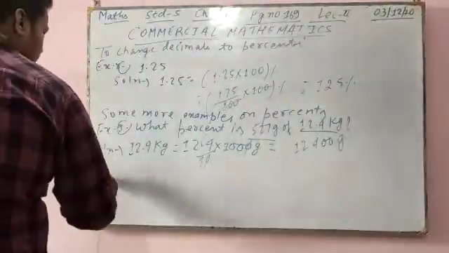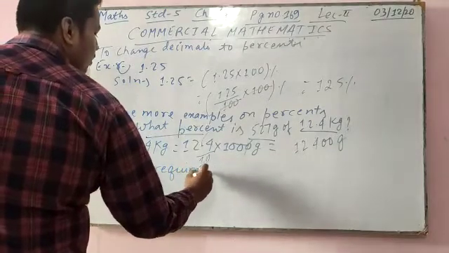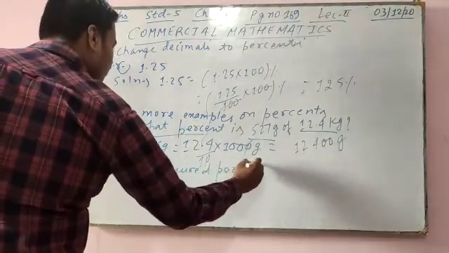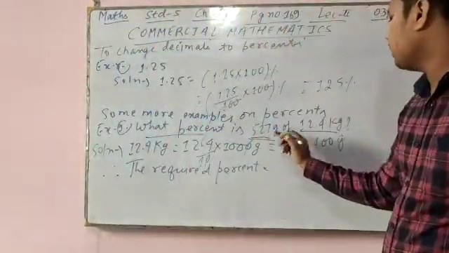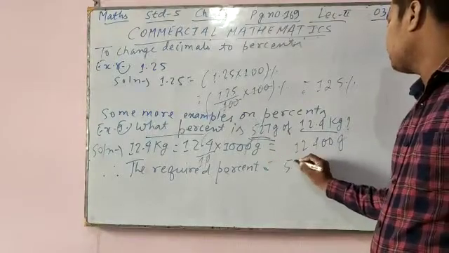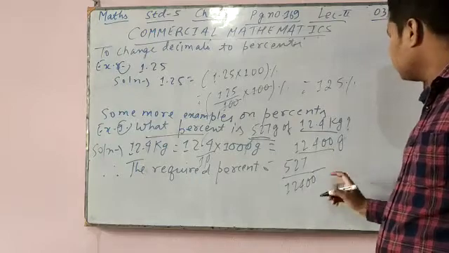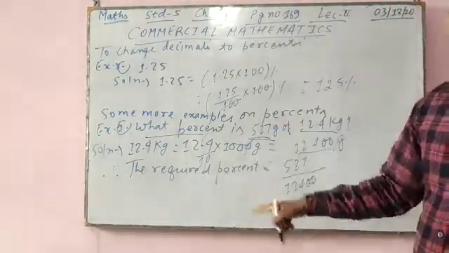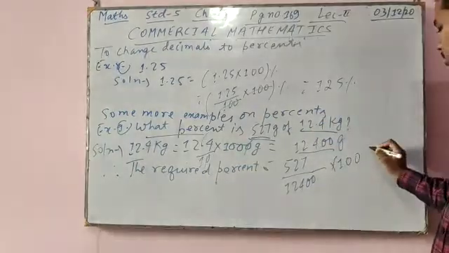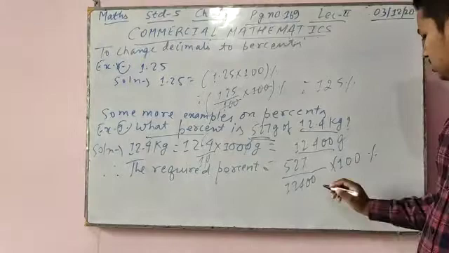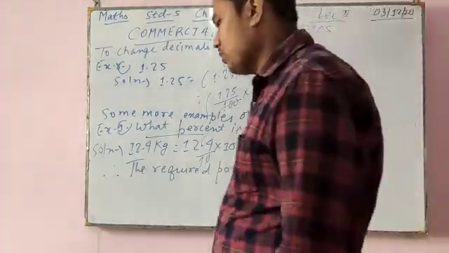I have to find the percent. So the required percent will be 527 gram by this gram, and you have to change into percent. Whenever you change into percent, you have to multiply with 100%. Now see, from 00 gone. Now you cannot cross it.